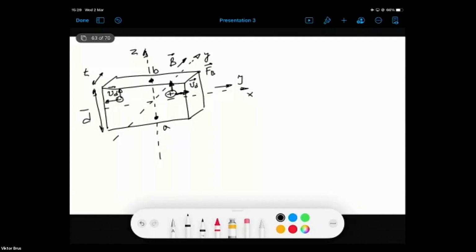So if we create some excessive negative space charge next to the upper edge of the conductor in the vicinity of this point B, that automatically means that in the lower edge of the conductor, we will have some uncompensated positive space charge created by positively charged ions, like atoms of metal, which form the crystalline lattice of this metal.